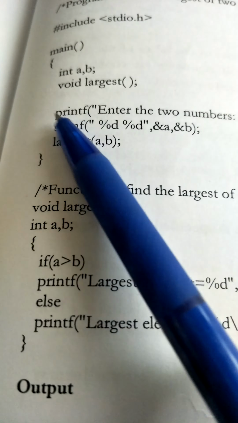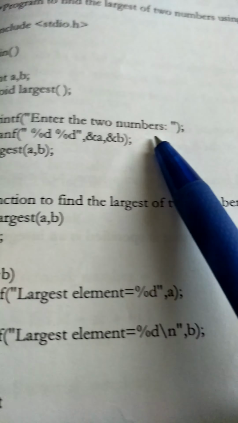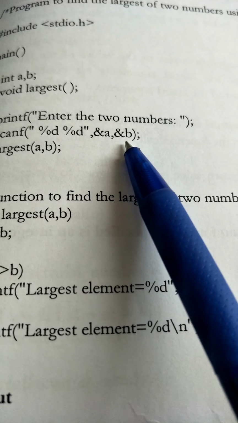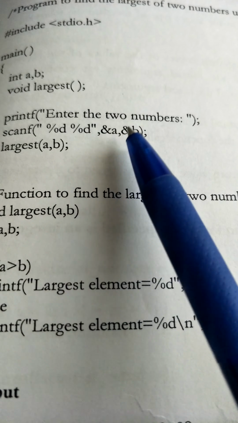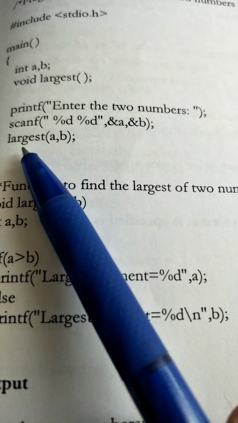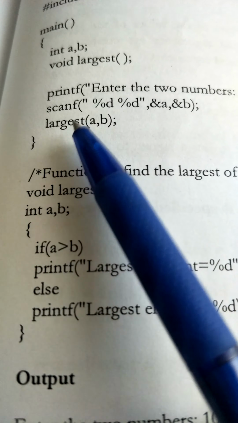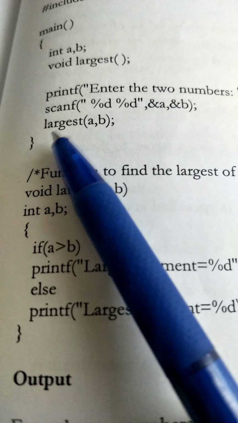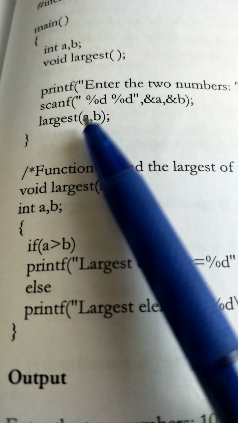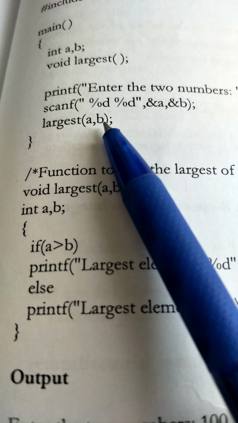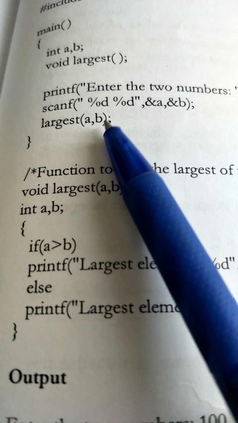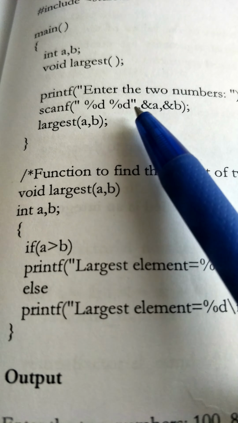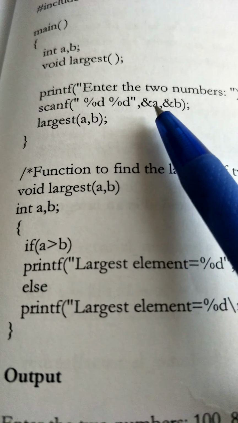And then this is printf, just to alert us to enter the numbers, and then enter the numbers through the screen. We have enter A and B, and now if we call the function named largest with arguments A, B, the value of A, B here is the value that you key in through your keyboard.